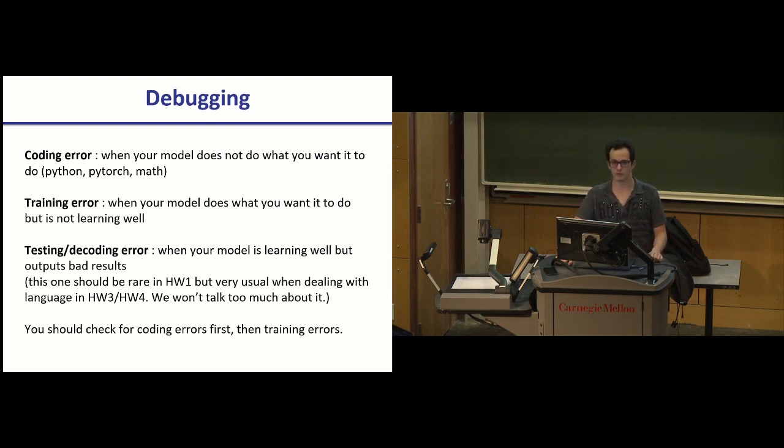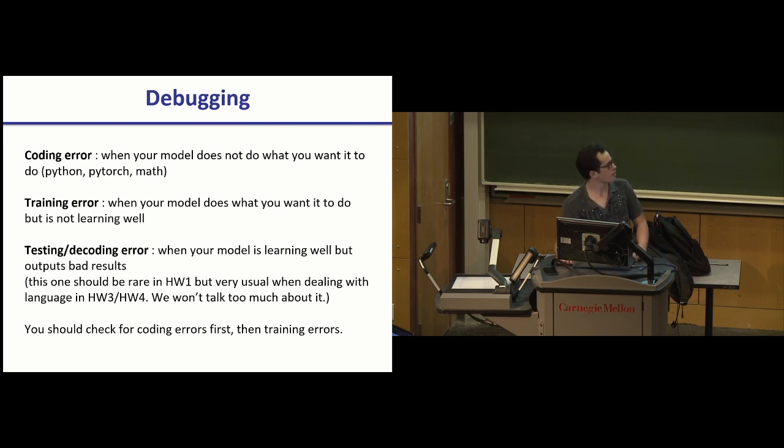A training error is when it does follow your computation graph, but the model still isn't learning as well as you want. And a testing error is when it is learning how you want, but when you try to print the final result, it is still terrible for some reason.